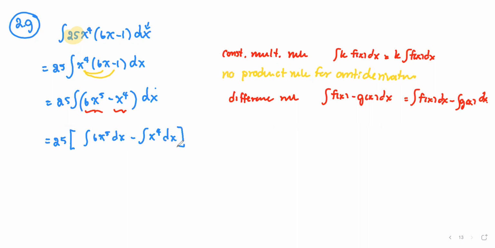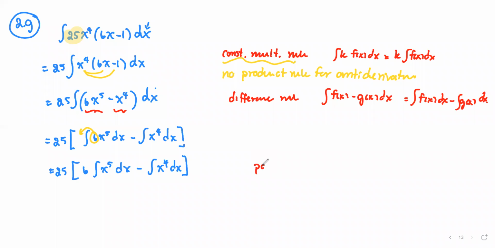In the first one, I see the 6 as the coefficient, so I'm going to take it out using the constant multiple rule again. 25 is a coefficient of the whole thing, so leave it outside of the bracket. This is 6 times the integral of x to the fifth with respect to x minus the integral of x to the fourth with respect to x. Now we have the clean power form of the function.